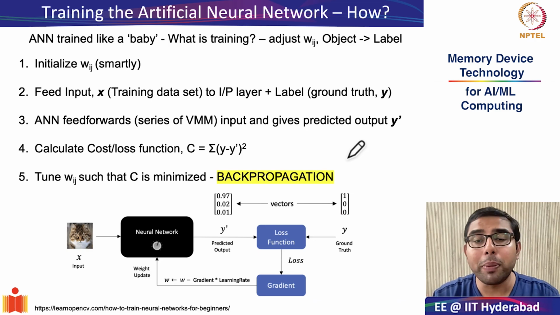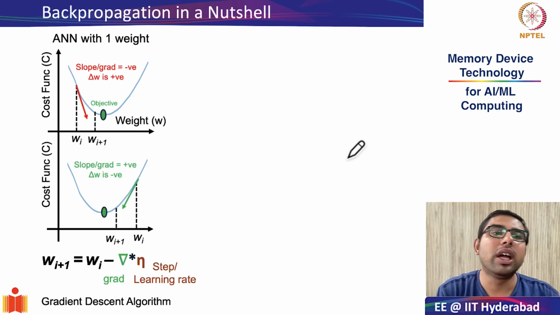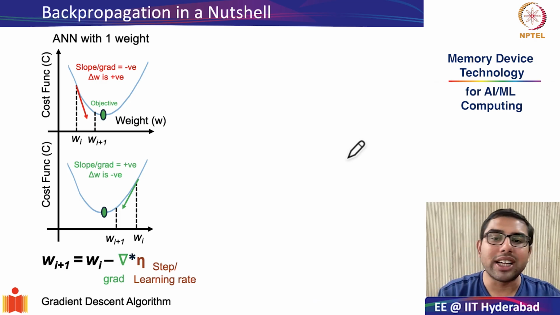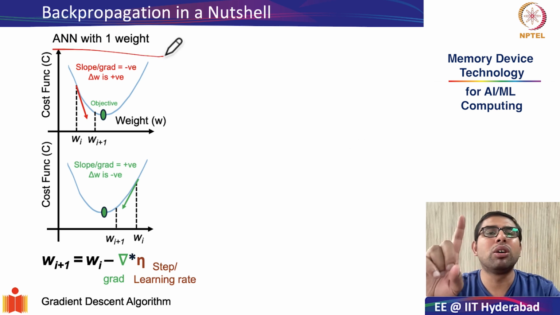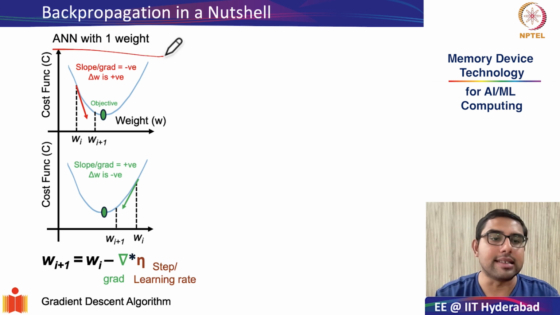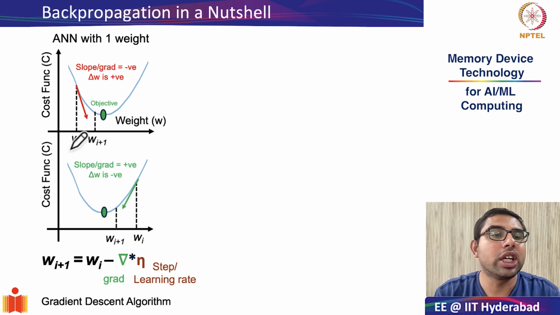Now, since backpropagation is central to the operation of neural networks, today we will do a little bit of a deep dive into backpropagation. To understand how backpropagation works, let us look at a very simple example. Let's look at a neural network with just one weight, the simplest system. What we have in these two graphs is the representation of your cost function versus the weight.